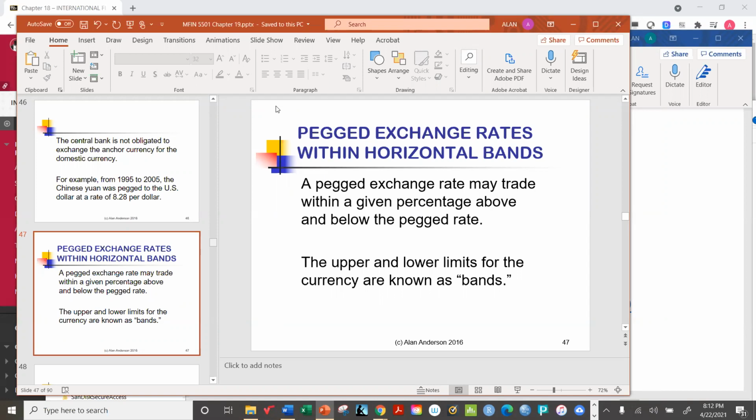So basically, this is a good way to adjust a pegged exchange rate system, and also to allow it a certain amount of flexibility, as opposed to keeping it at a specific level like the Hong Kong dollar.